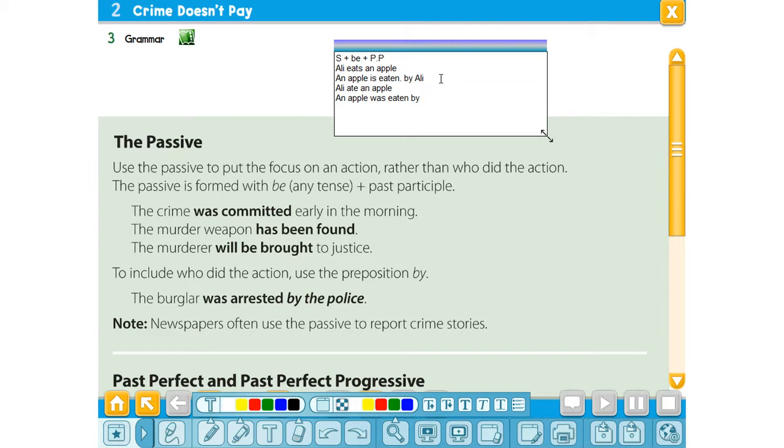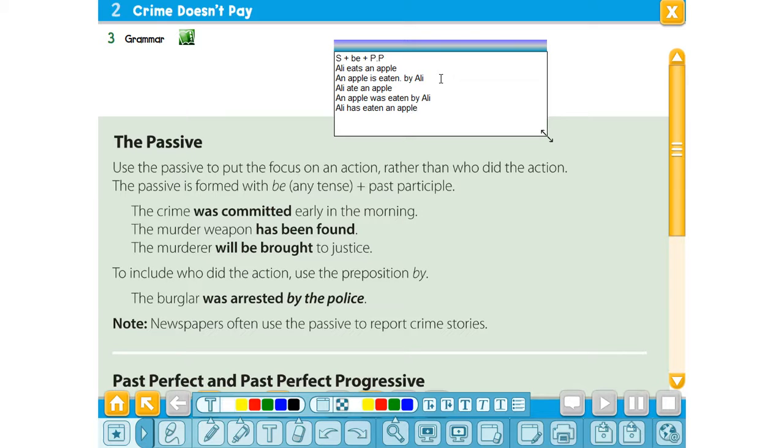Okay, this is the past passive. If we have present perfect, Ali has eaten an apple.